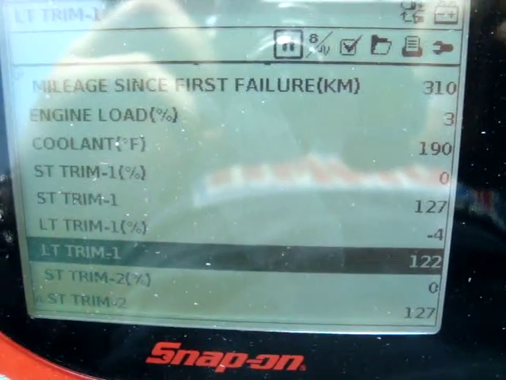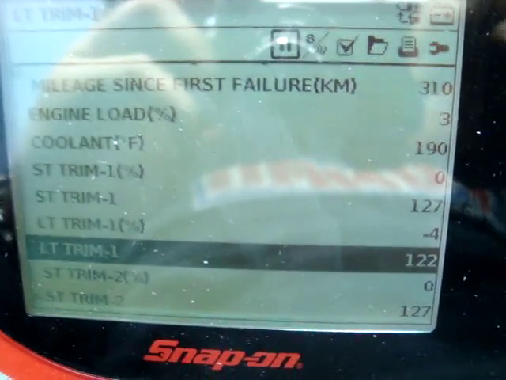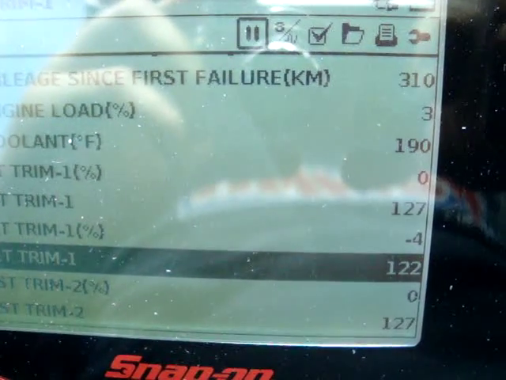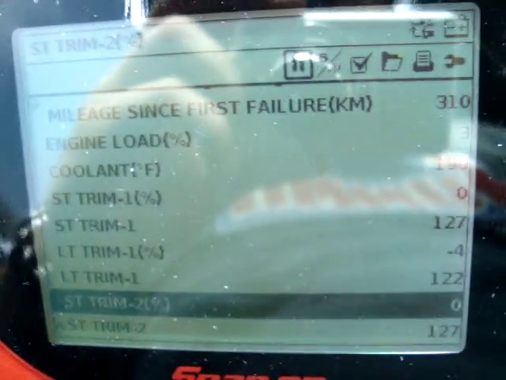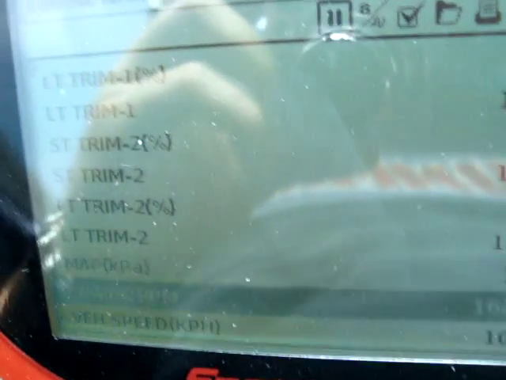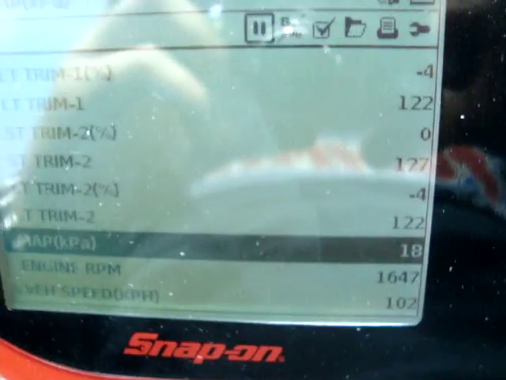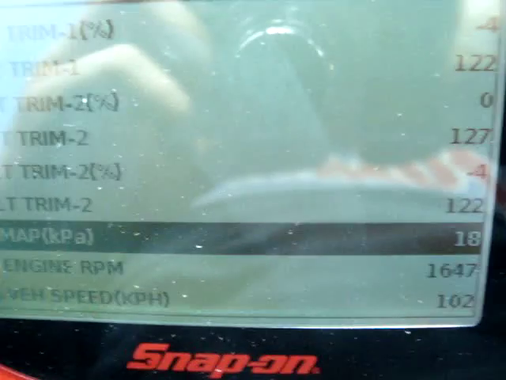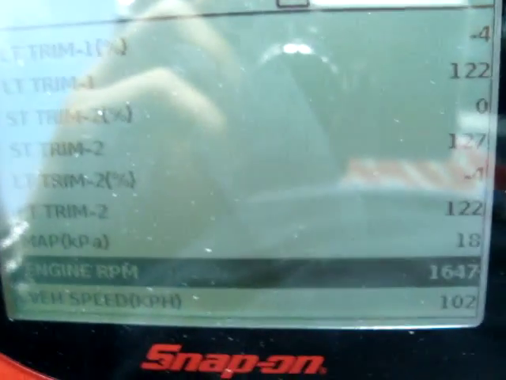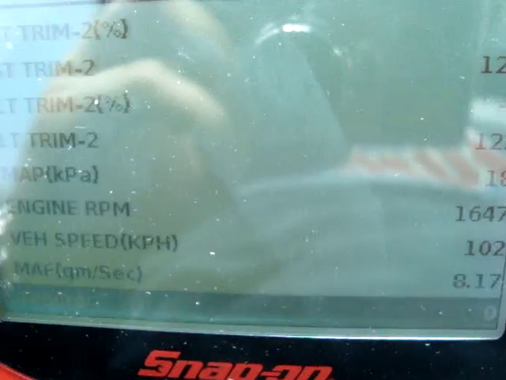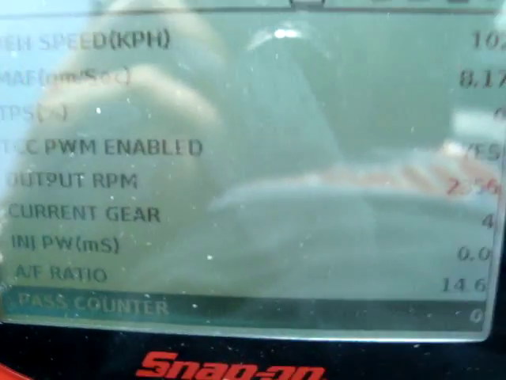These LS motors have a real trick way of changing their fuel trim, which is really cool. Map sensor, you can figure out 18, and stoichiometric at sea level is 14.7 to 1, so that's about right. You got engine RPM, vehicle speed, everything is on here, and it's all in real time.